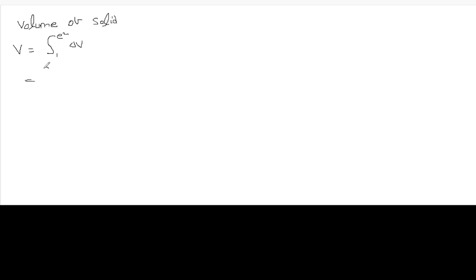Keep in mind, in integrations, delta has to be replaced by d. So it comes as pi into 8 minus 6 ln y plus ln y whole square dy.